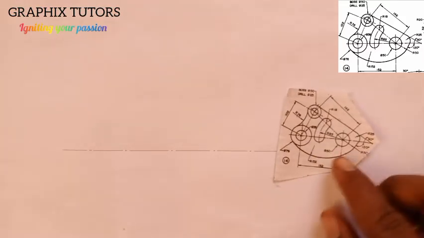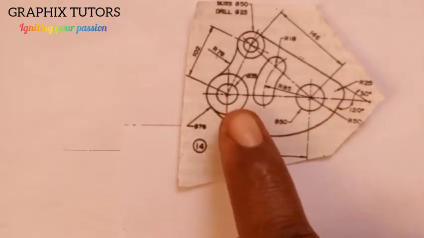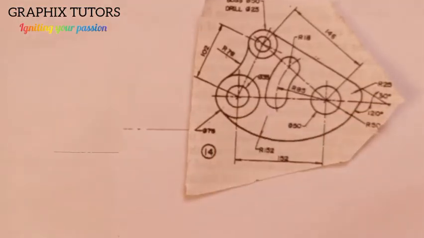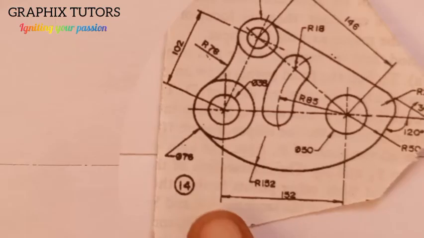Now the second step is to look at the distance between the centers of the line. Now if you look at this here, we have one center here and another center here, and the distance between both of them is what? 152.